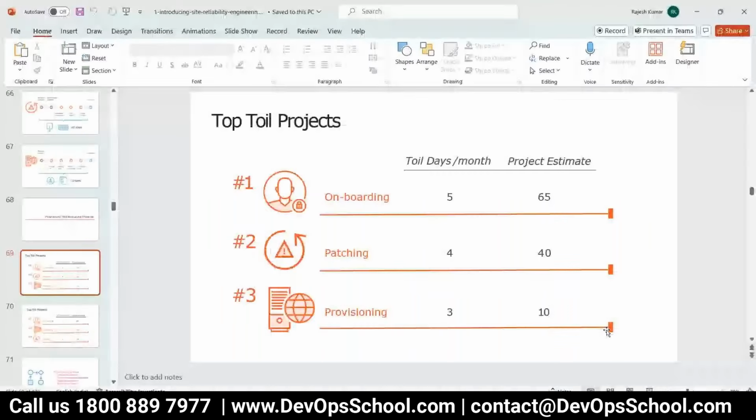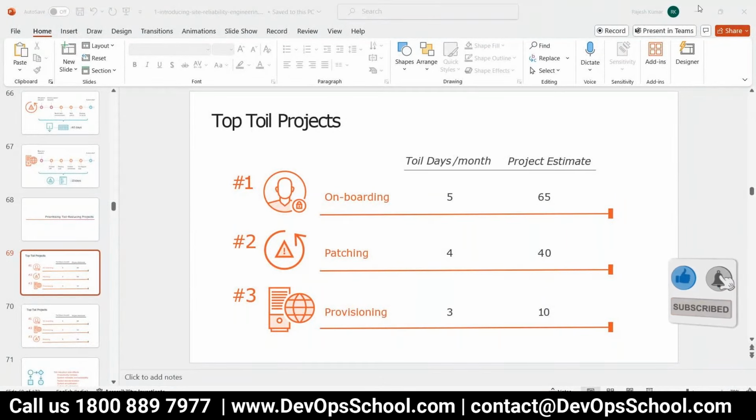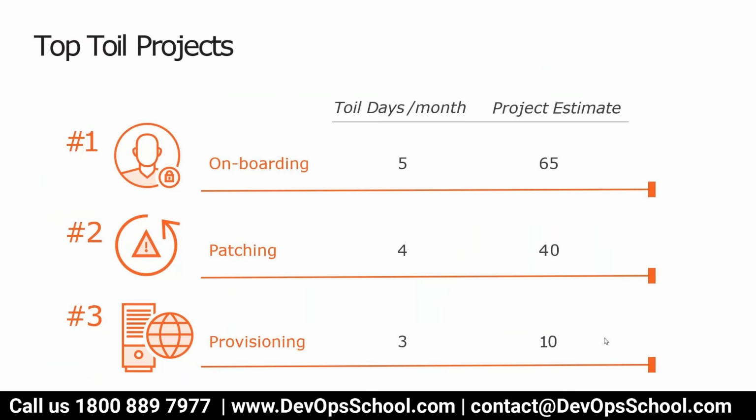Yeah. So what I'm trying to say here is, first, if you want to become an SRE engineer, you have to transform and start getting involved with the development team.